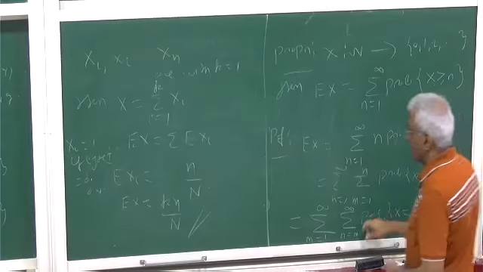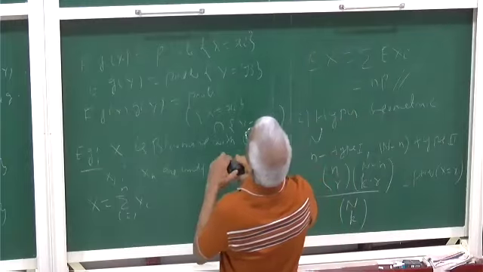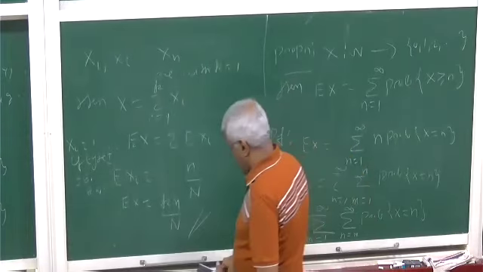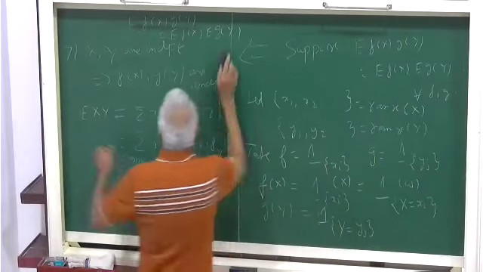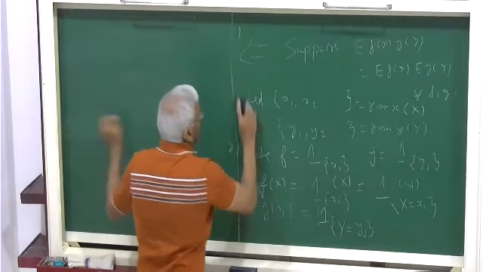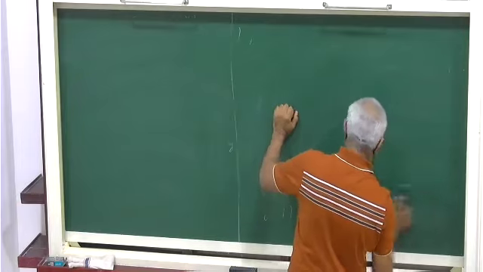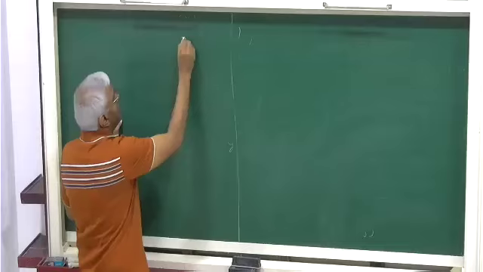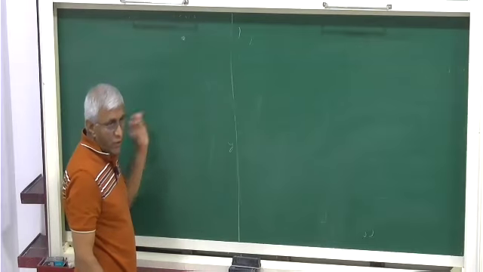See, what happens is the following. You are summing over two variables, even if it is an integral or something. You have n going from 1 to infinity, and m going from 1 to n.